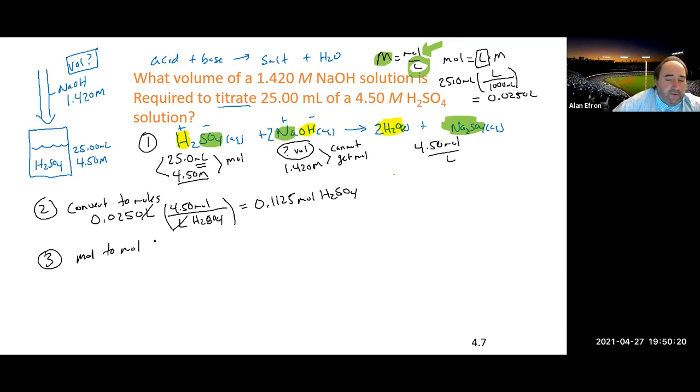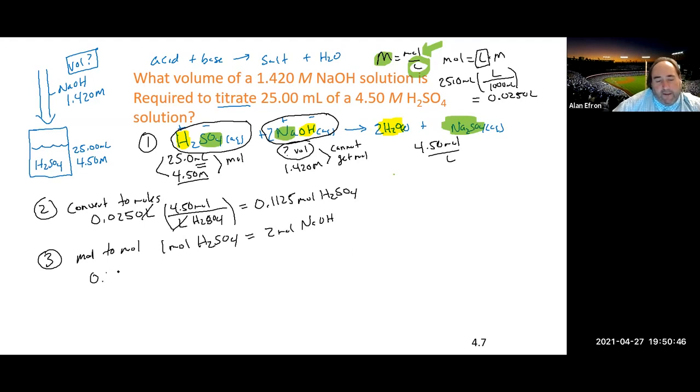What are the two guys we're interested in? It is the sulfuric acid, which is what we started with, and the sodium hydroxide, which is where we want to end up. So looking at the equation, we see 1 mole of H2SO4 gives us 2 moles of sodium hydroxide, and that again is what we're going to use as a stoichiometry part. 0.1125 moles of H2SO4.